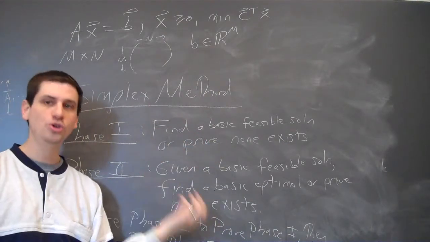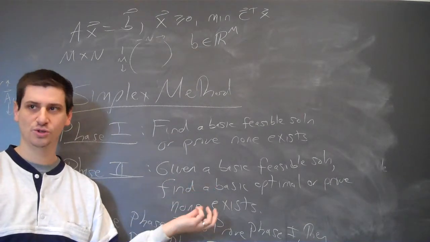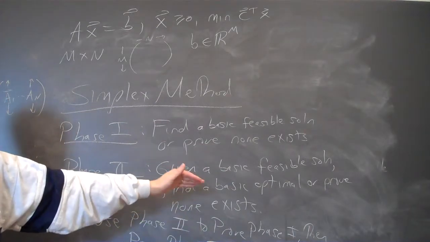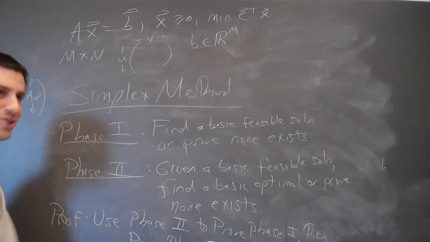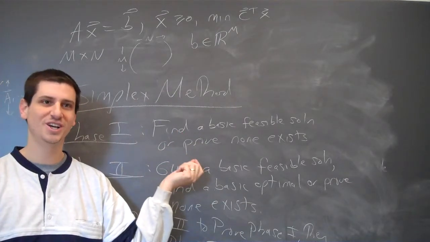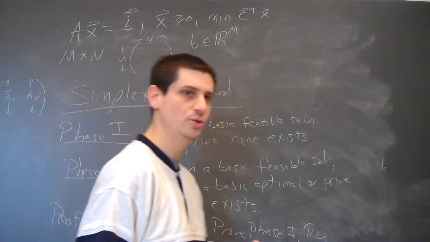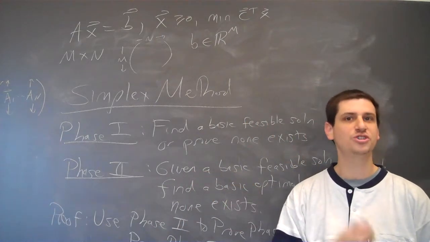Instead, I look at a new linear programming problem where I can find a basic feasible solution. Once I have one, I can use phase two to find a basic optimal solution or prove that none exists. And that basic optimal solution will turn out to be the basic feasible solution to the initial problem.